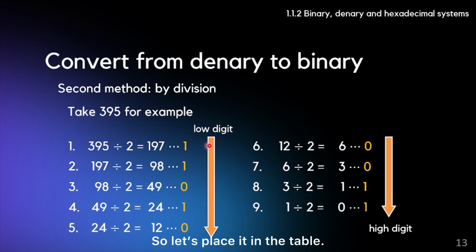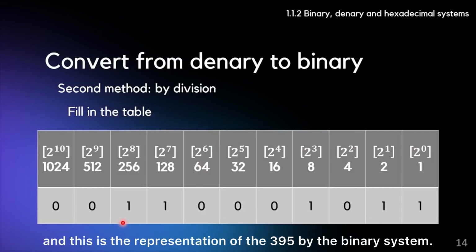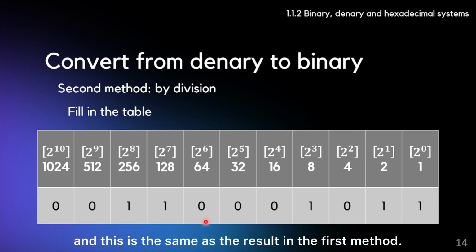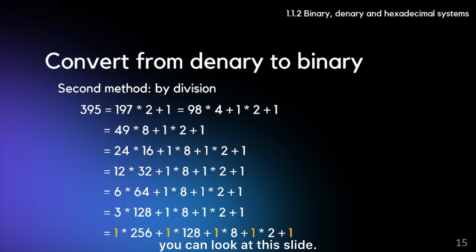So let's place it in the table. So we will get the table like this. And this is the representation of 395 by the binary system. And this is the same as the result in the first method. If you are curious about why this method works, you can look at this slide.